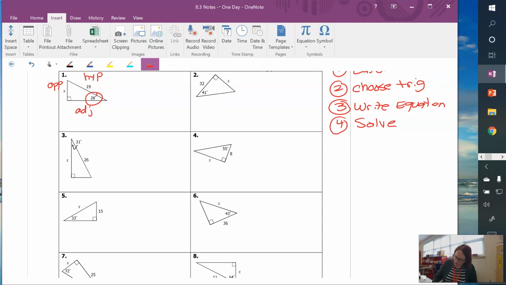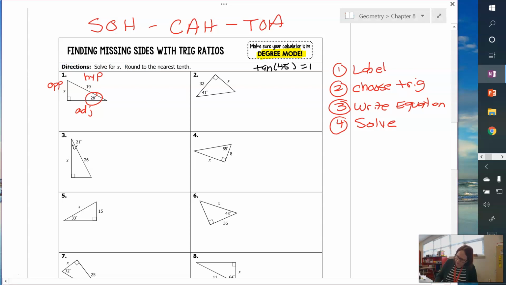So number 1, I have labeled my sides. And I am given the hypotenuse, the angle, and I'm asked to solve for x, which is opposite. So I don't even need to know that that side's adjacent. I'm going to choose my trig function. I have opposite and hypotenuse. That is sine. So opposite over hypotenuse.